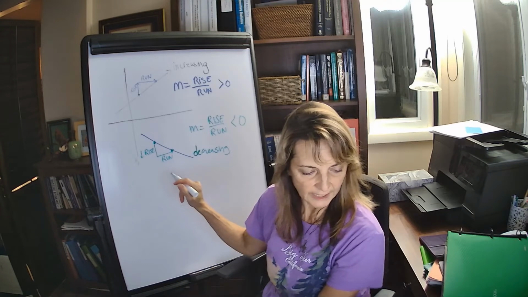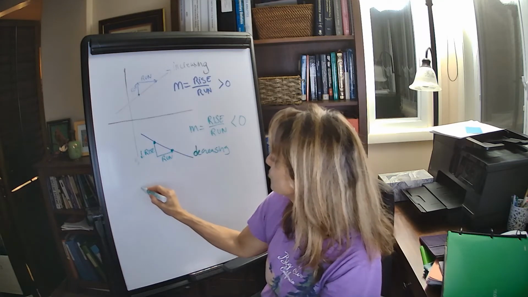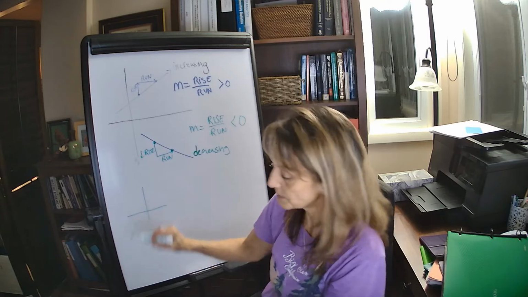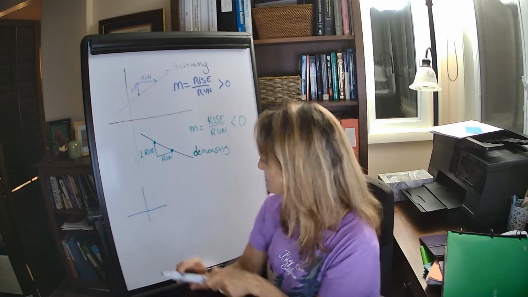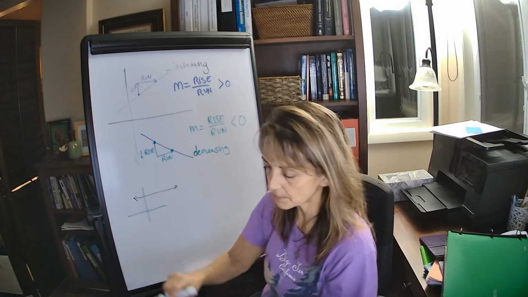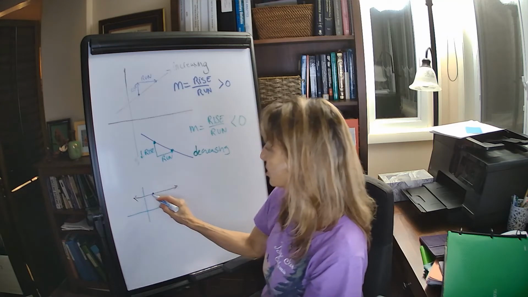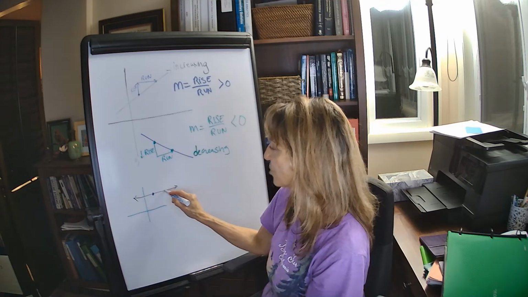Going back to the situation where we have a horizontal line, let me draw another quick Cartesian coordinate system and put in a horizontal line. I'm going to pick a point on that line. If I go to the next point, I have no rise.